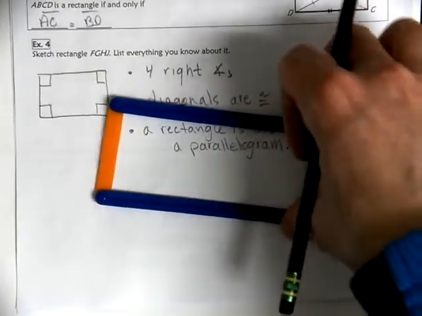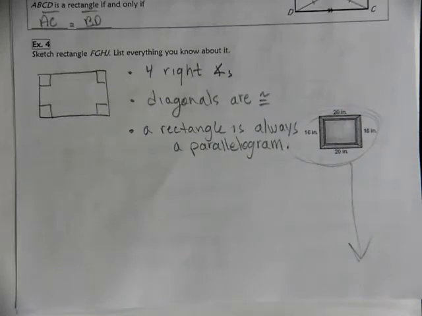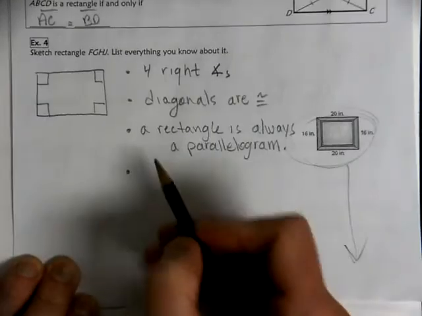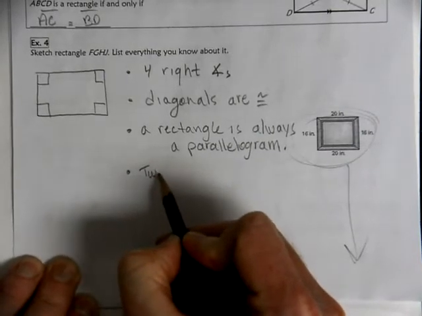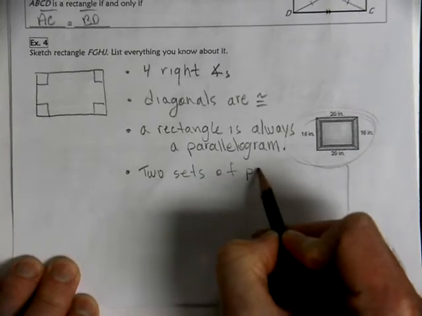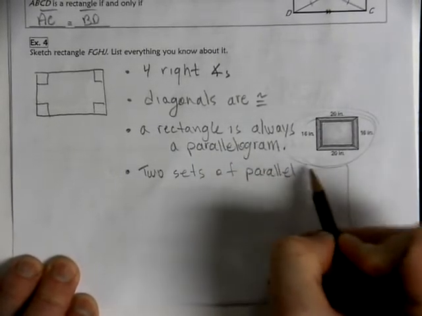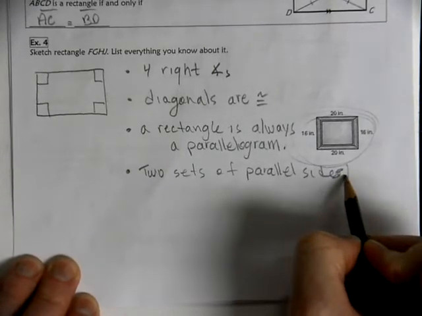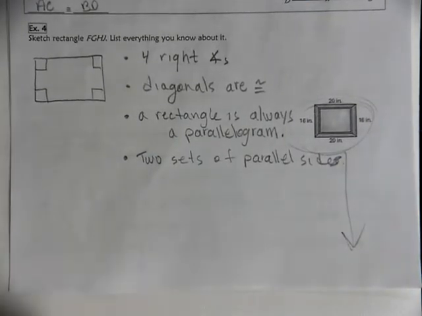So to talk about some of our properties of parallelograms, we know we have two sets of parallel sides. That's kind of the definition of a parallelogram. That's going to be true about a rectangle.